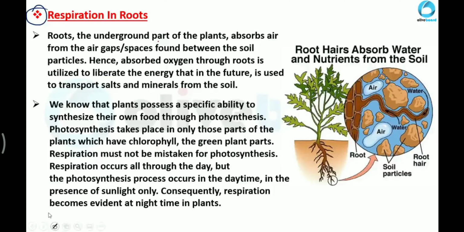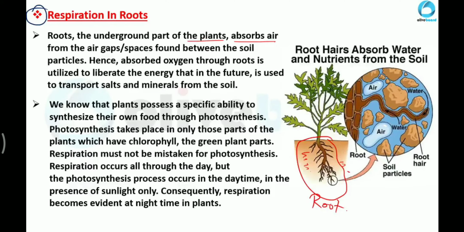Clear? So roots, the underground part of the plants, absorb air from the air gaps or spaces found between the soil. See here, this is the root of the plant, and soil is there. In between the soil and the roots there are gaps, and in those gaps air and water are trapped.